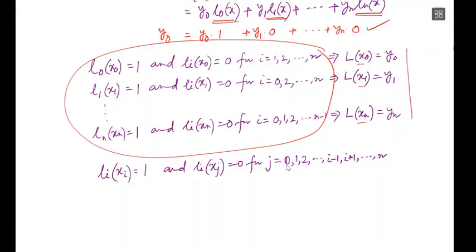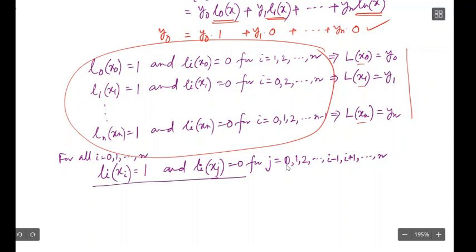That is, only at the point xi the value of Li will be 1, and at all other points it will be 0, and it has to be valid for all i. For all i, these two conditions are to be valid.